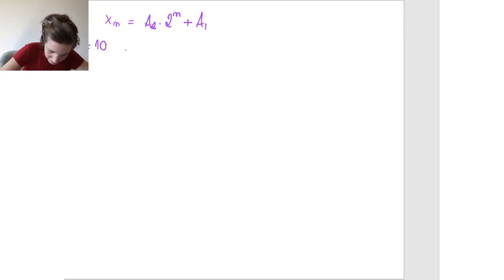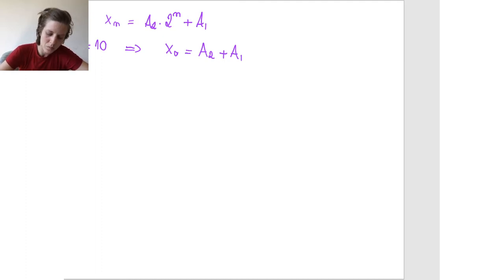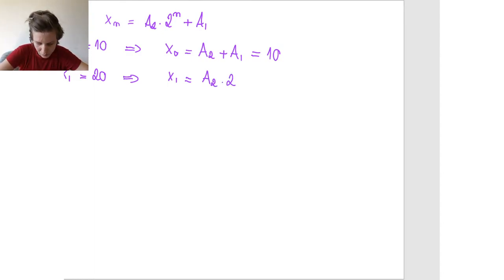It implies that x0 equals a2 plus a1, because 2 to 0 is equal to 1, and this should be equal 10, and x1 equal 20. It implies that x1 equals a2 times 2 to the power of 1 plus a1 equals 20.